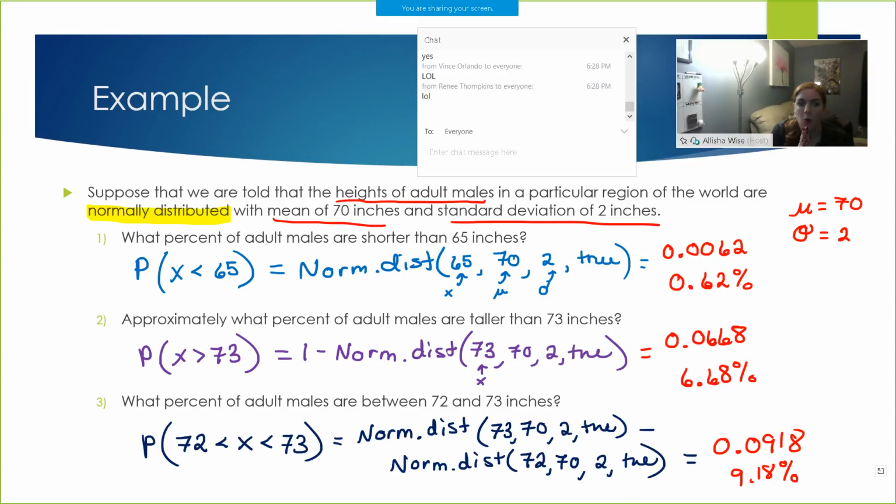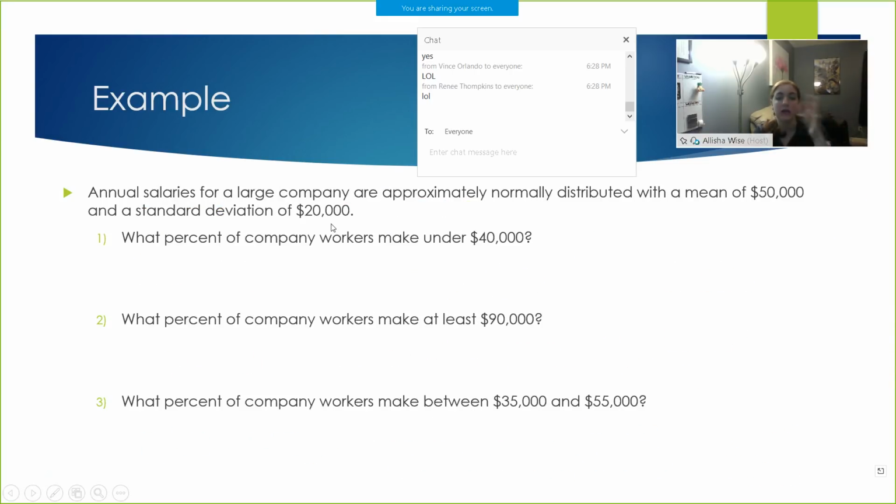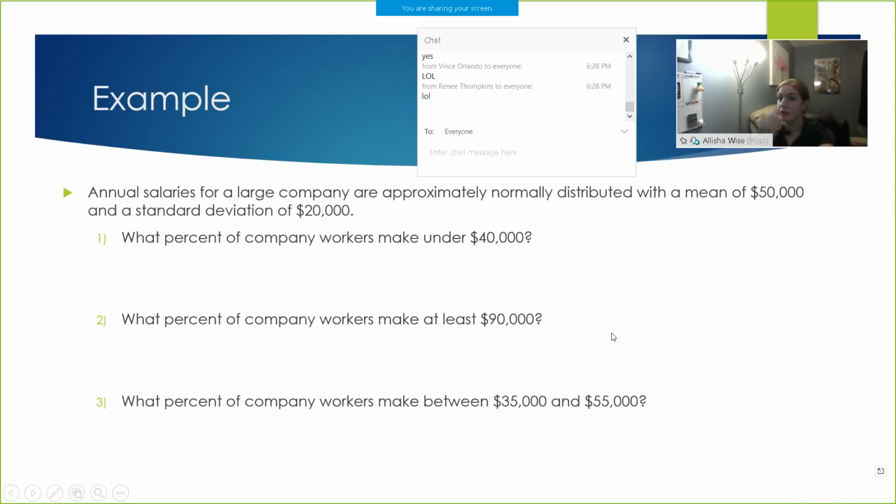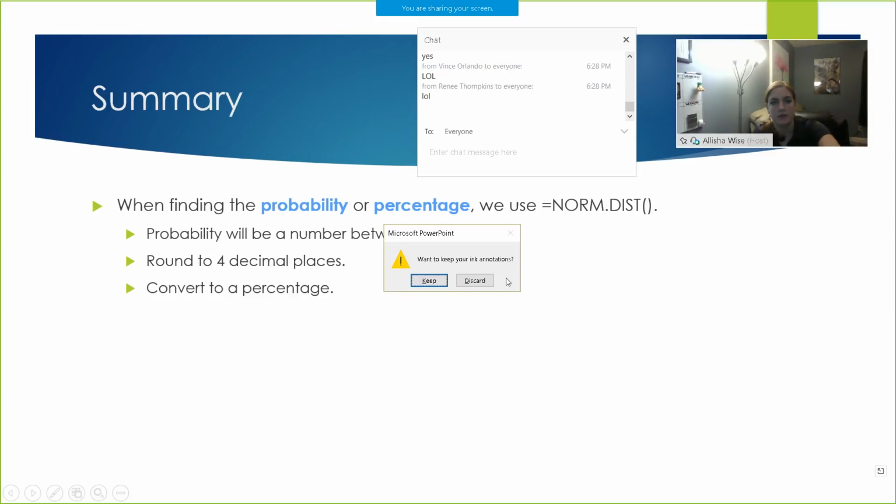I want to be respectful of everybody's time, and I did schedule a part 3 for Wednesday at 1 p.m. Central. In that class, we are going to go through one more example, and we're also going to introduce how to find a number given a certain restriction.